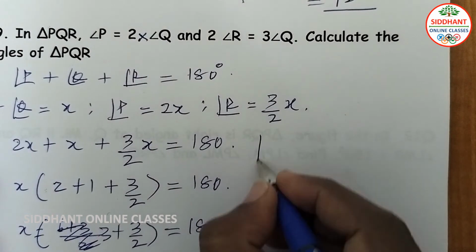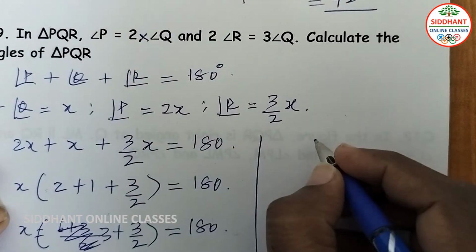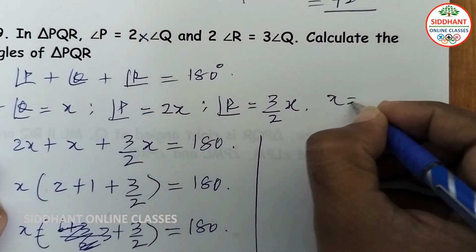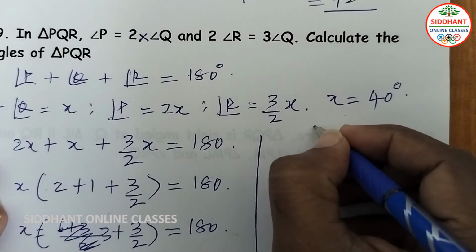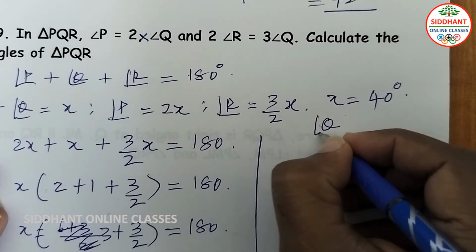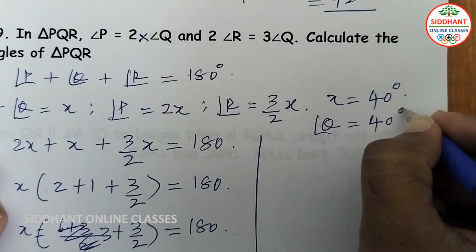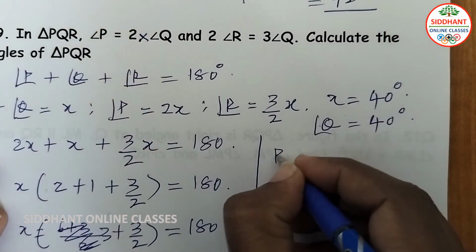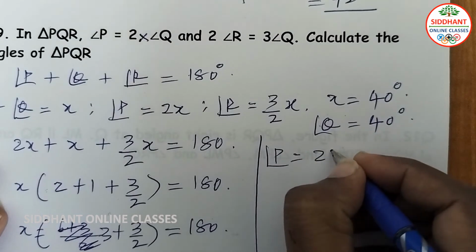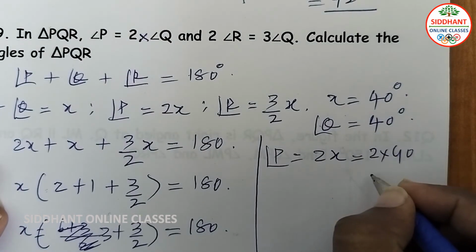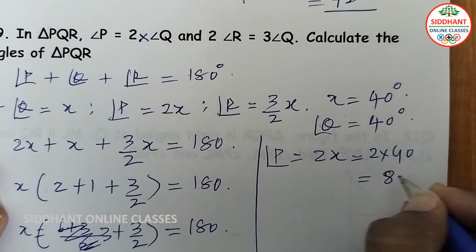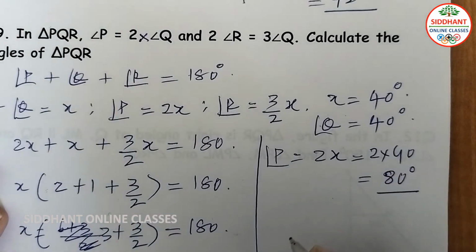So we know that x is 40 degrees, that means angle Q is 40 degrees here. Then angle P, that is 2x, equals 2 into 40, that will be 80 degrees here.